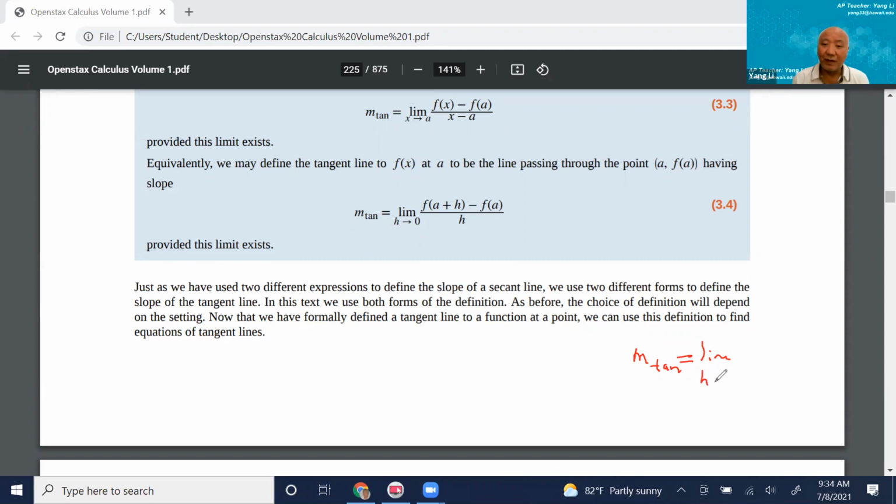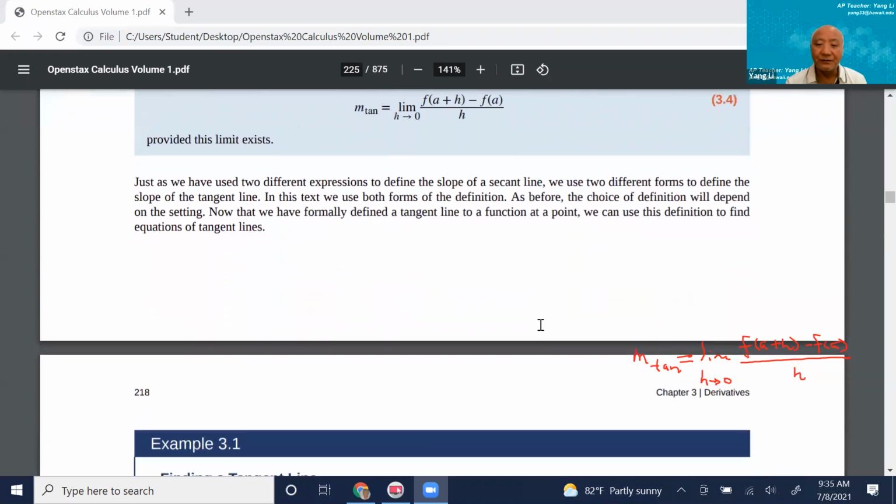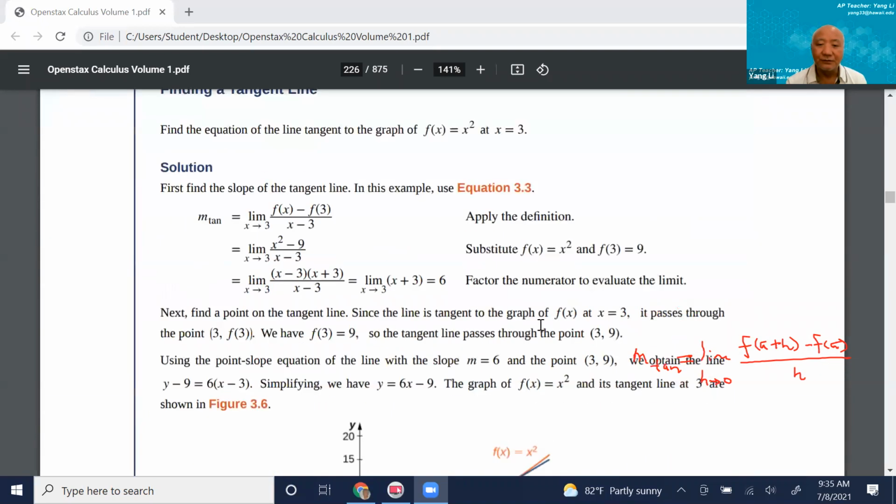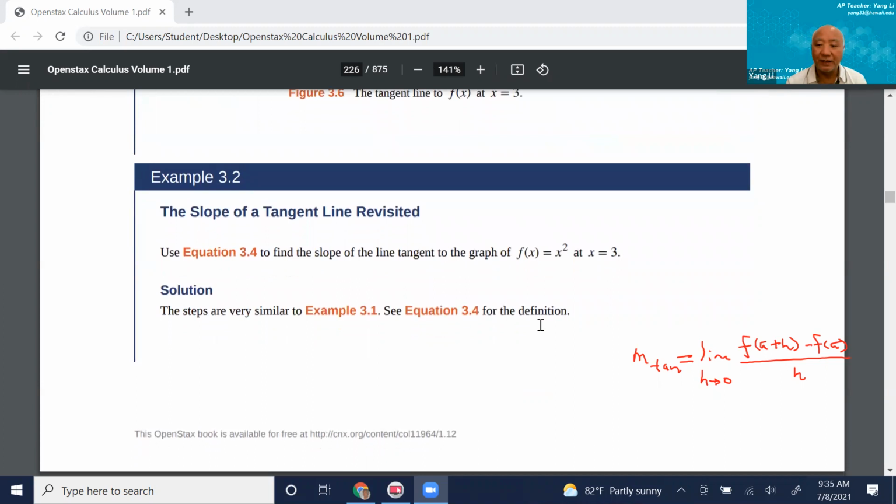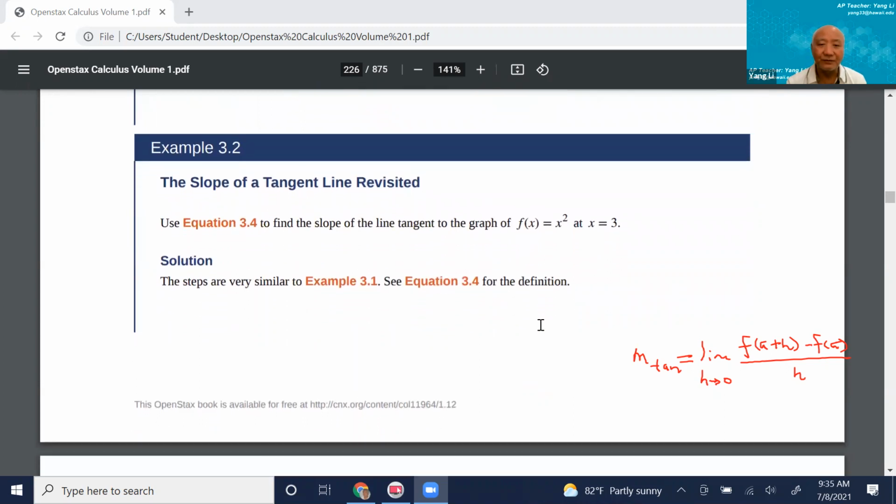Now, let's apply this definition to example 2.